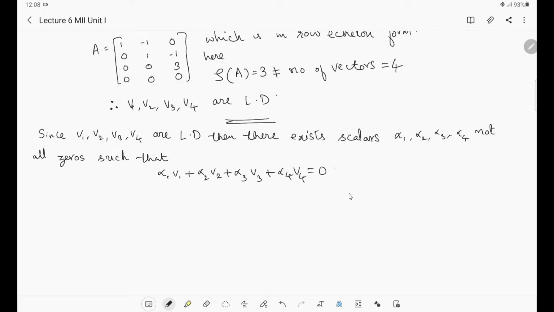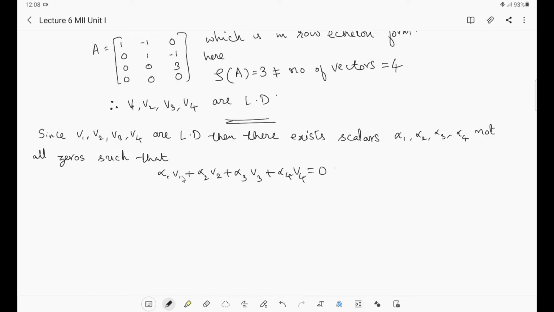This is the definition of linearly dependent vectors. If 4 vectors are linearly dependent, then we will be able to find 4 scalars which are not all zeros, such that alpha 1 v1 plus alpha 2 v2 plus alpha 3 v3 plus alpha 4 v4 will be equal to 0.